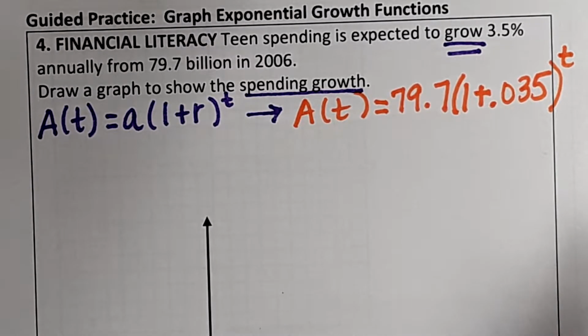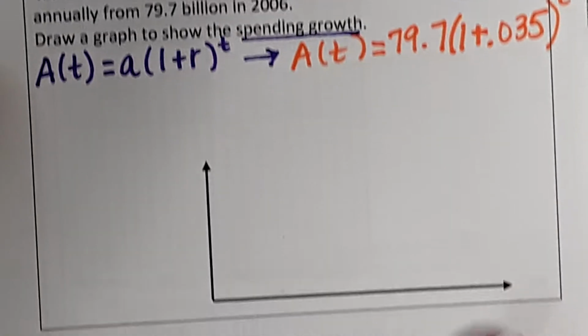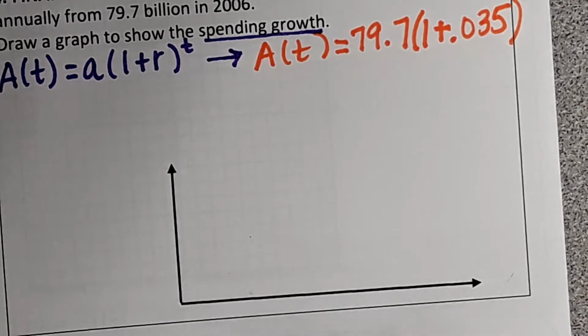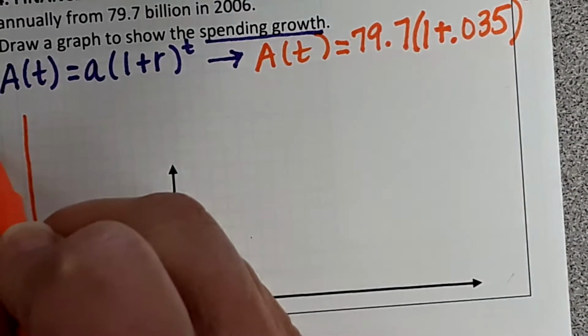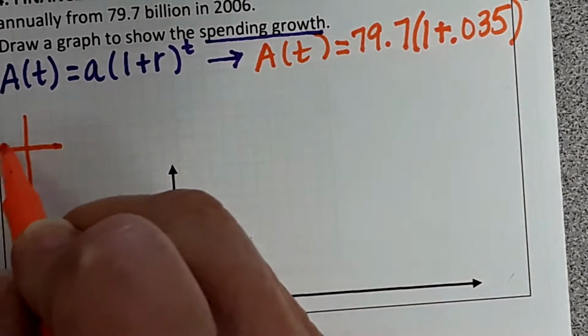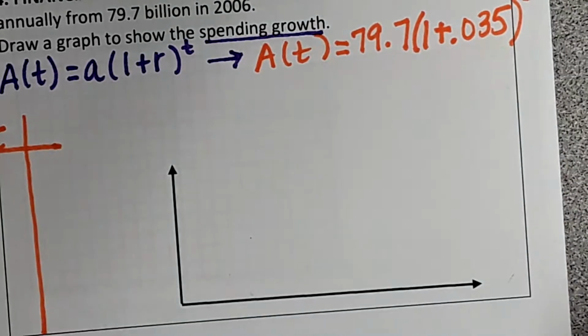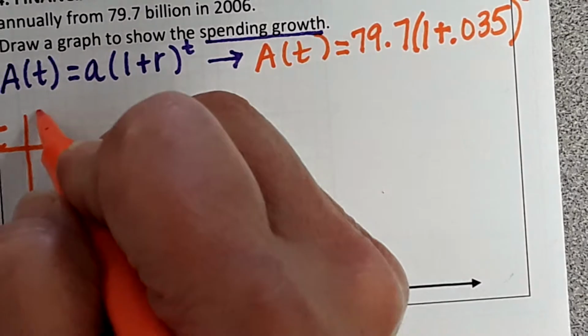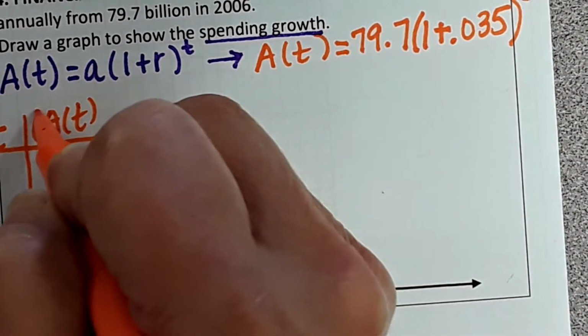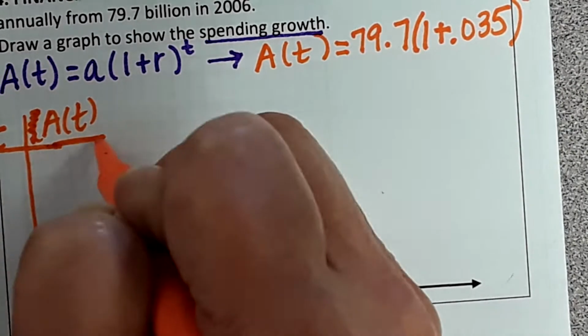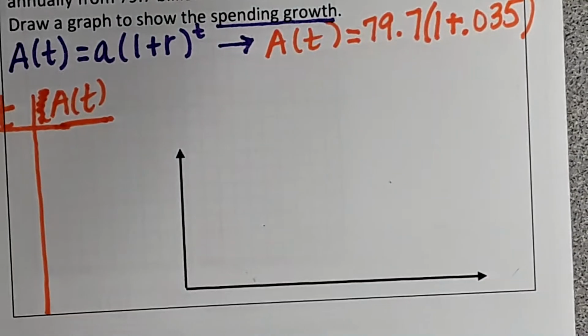From there, we now can make a table and do our graph. So to do that, let's just go ahead and make a table. We're going to have t, which is our time in years, and then we're going to have A of t, which is our amount after so many years.